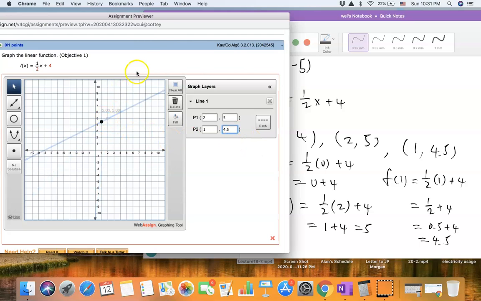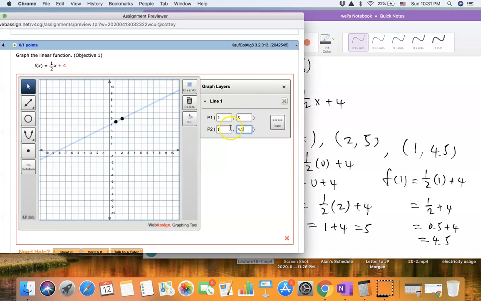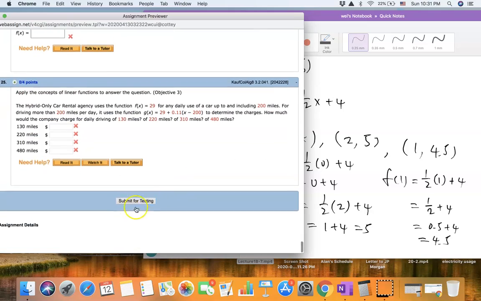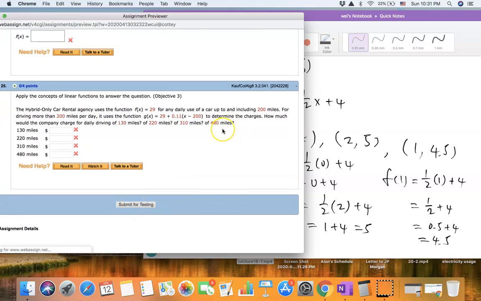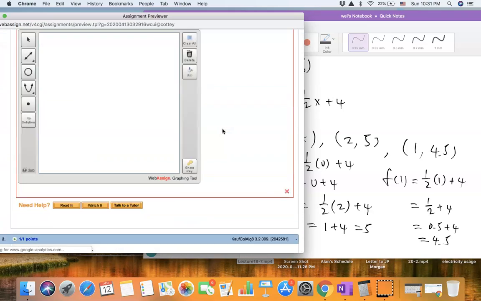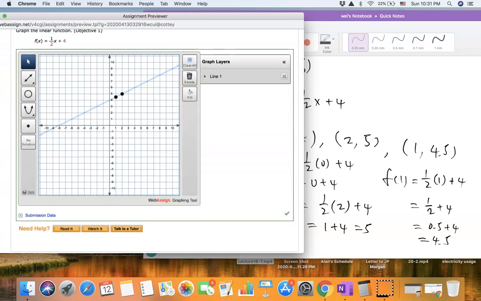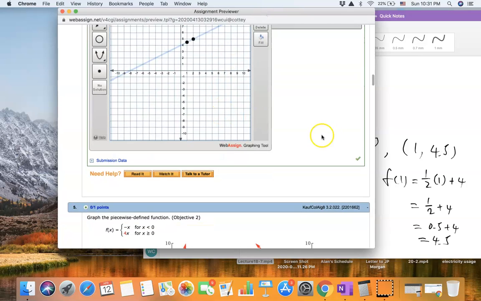Using this method, we can just type the point, no matter if it is an integer or not. See, I get it right.